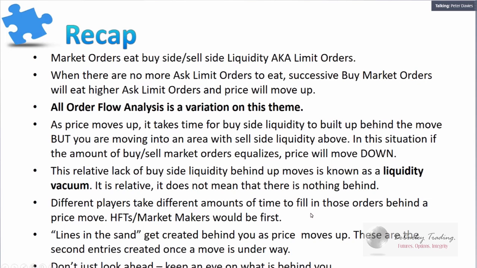So as these vacuums get filled in, it creates lines in the sand in the form of higher volume areas that build up behind the move, and that's often what supports price as we move up. You should always have your eye in the rearview mirror when you're using order flow, so don't just look ahead for obstacles, look behind you for volume areas and vacuums, because those are the things that are going to give you lines in the sand and prices to lean on.